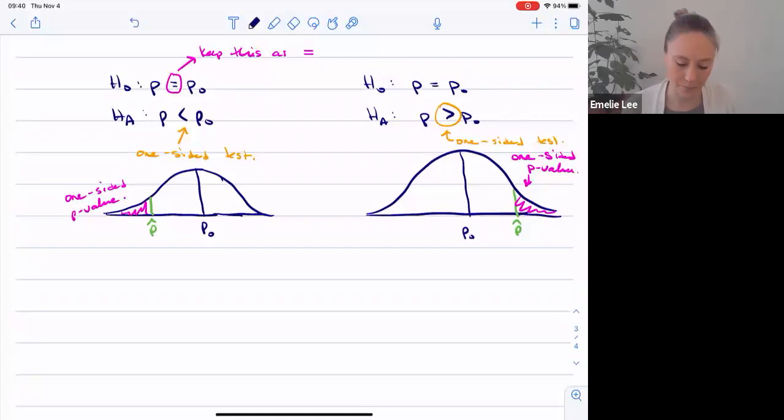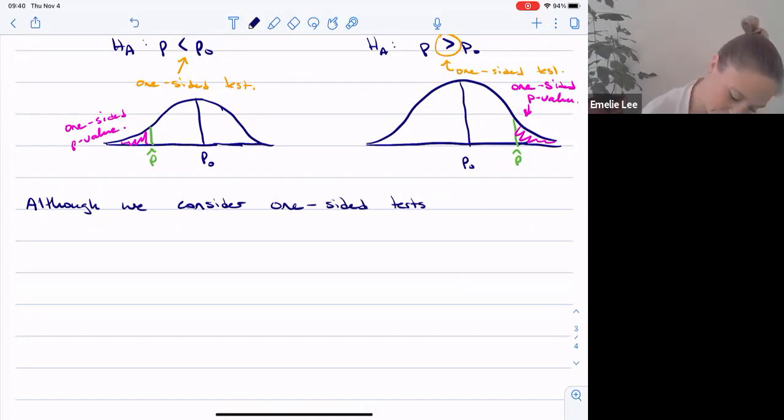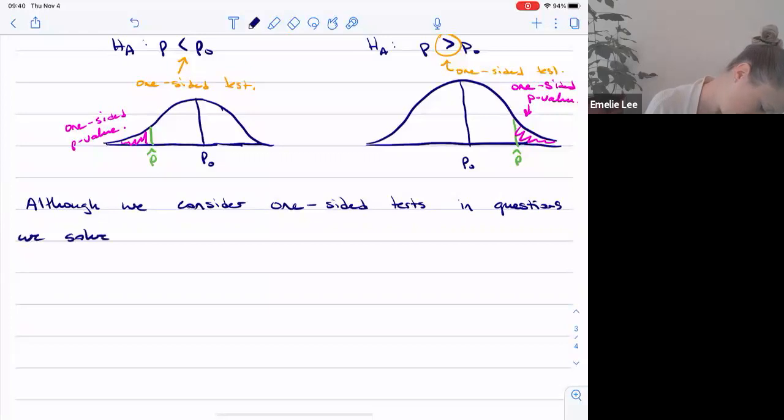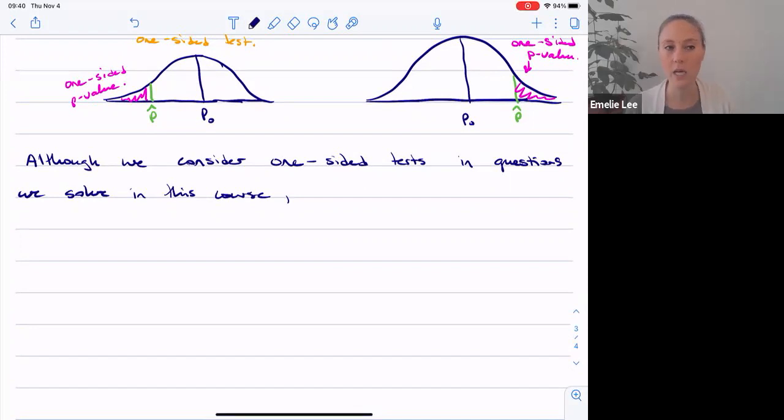So although we consider one-sided tests in the questions we solve in this course, in practice, in reality, we should really only be using two-sided tests.